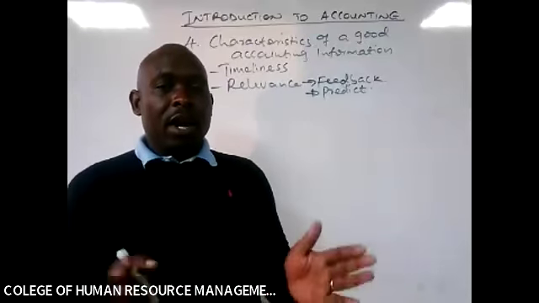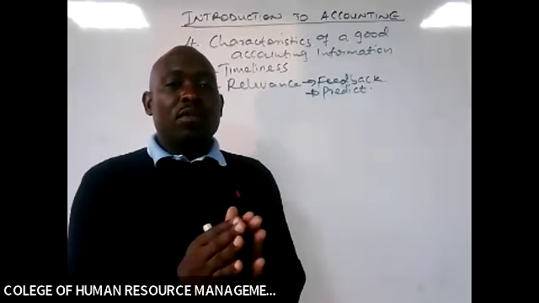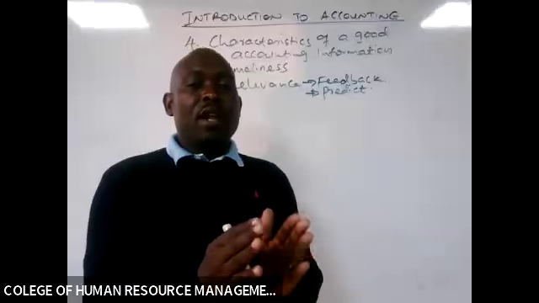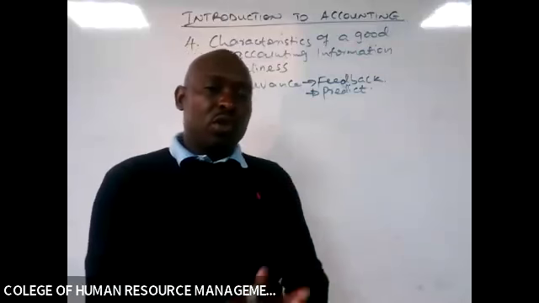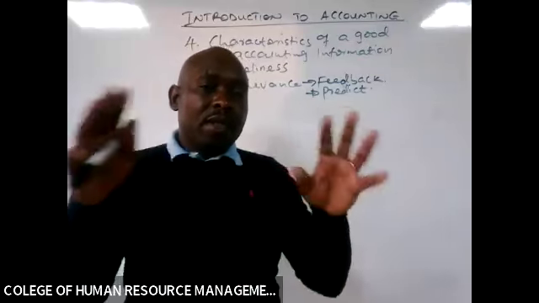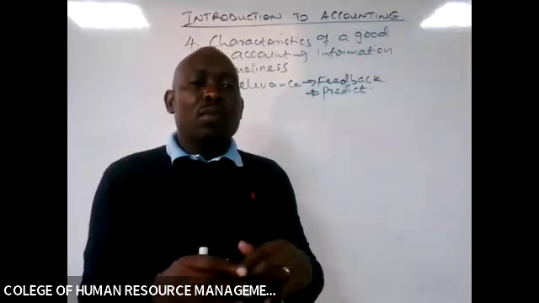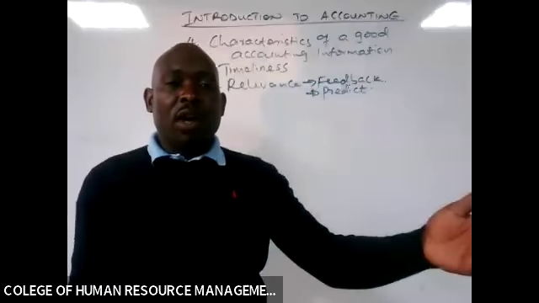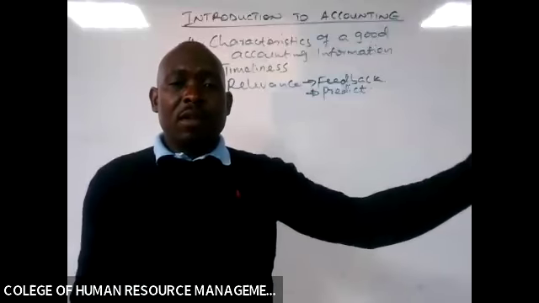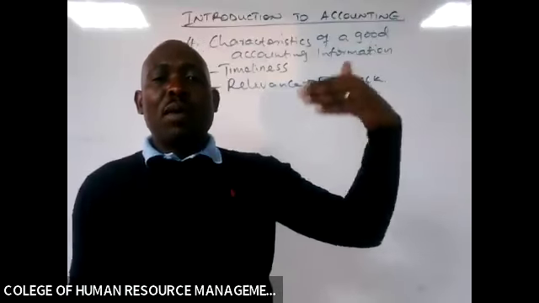The information should also assist me to predict what might happen in the business in the future, especially when I'm given 3 sets of financial statements for 3 years. I'm given the financial statements for 2022, 2023, and 2024. By reading the books of accounts there, I should be able to predict or forecast what might happen in the business in the future. Will the profit be increasing? Will the financial position be improving?